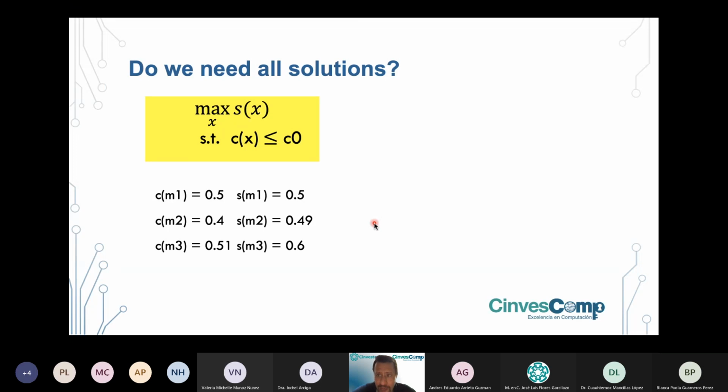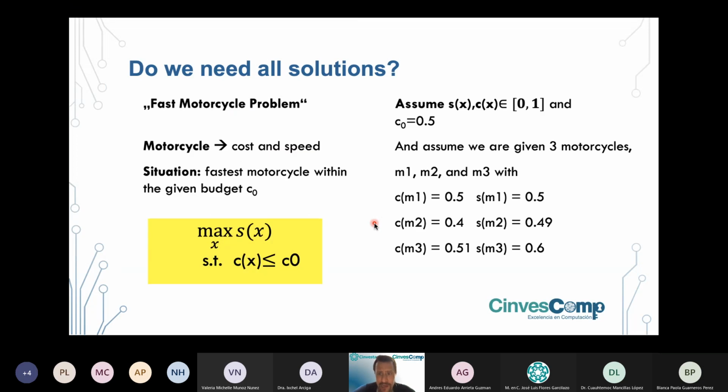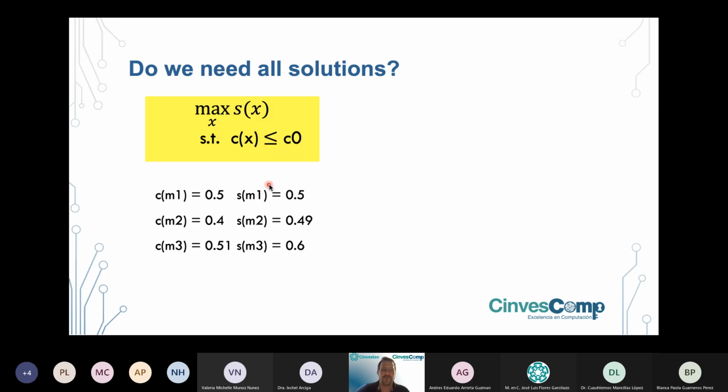Now we have a specific problem. I already said that the assumption is that we have these 3 motorcycles for the choice. We enter the shop and I say, I have this, and that's the money I have. So I have this money in my pocket and I want to spend this money. That was the assumption, right? And I would like to buy this.